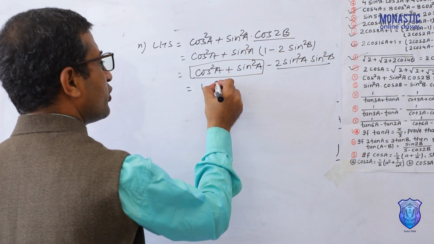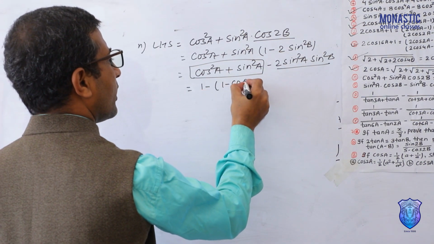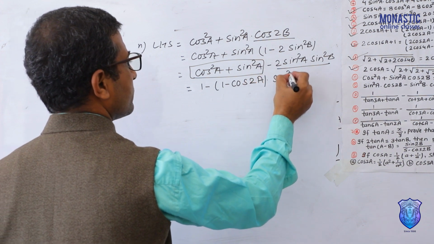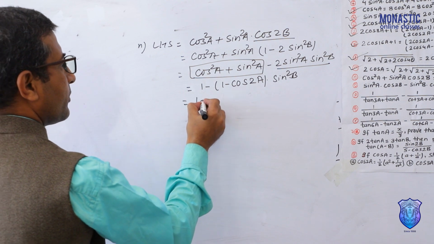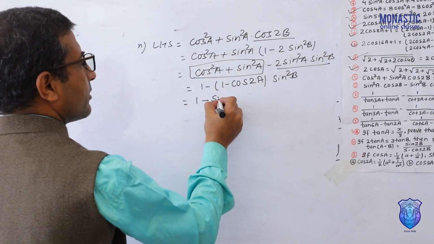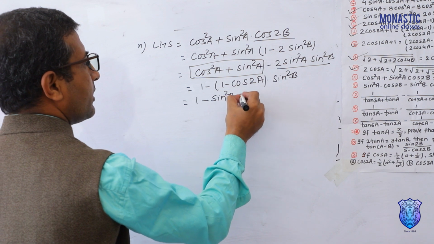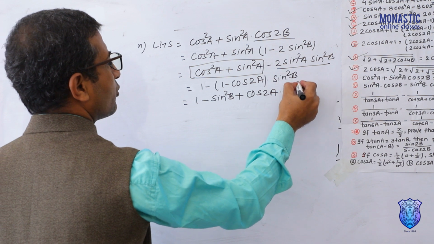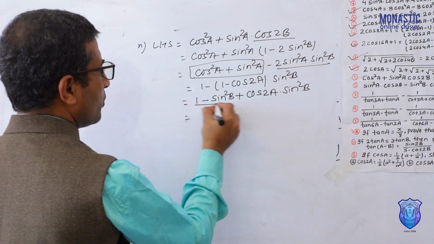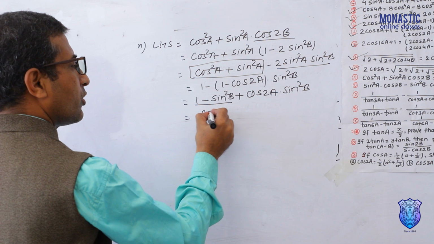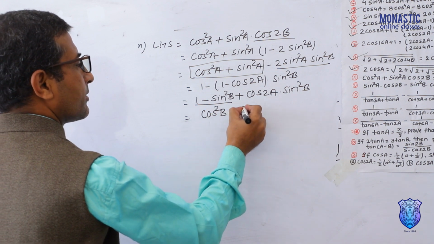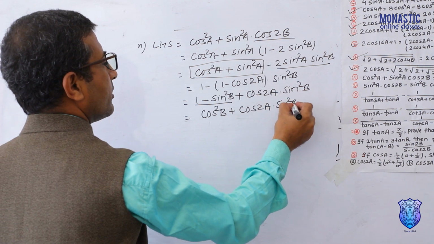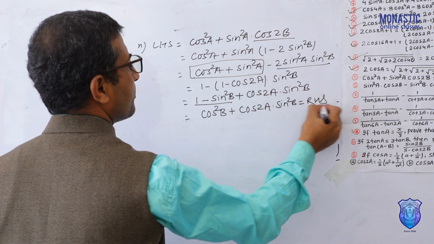So in place of 2 sine square A, we can write the formula 1 minus cos 2A. Now do the multiply. 1 minus sine square b minus minus plus cos 2a into sine square b. And you know 1 minus sine square b is cos square b plus cos 2a into sine square b. That's RHS completed.